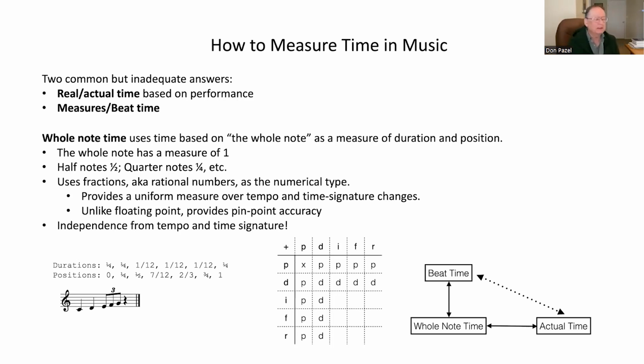What I wound up doing was something that was actually staring me right in the face, and that is that we talk about notes in note durations in terms of a unit that we don't define. It's called the whole note. The whole note is a unit of 1, half note, a half, quarter, a quarter. And so if you use these types of fractions or rational numbers as a measuring type, then you can say things like, well, okay, the note that I'm pointing to right now, this C4, is a quarter note at position 0.